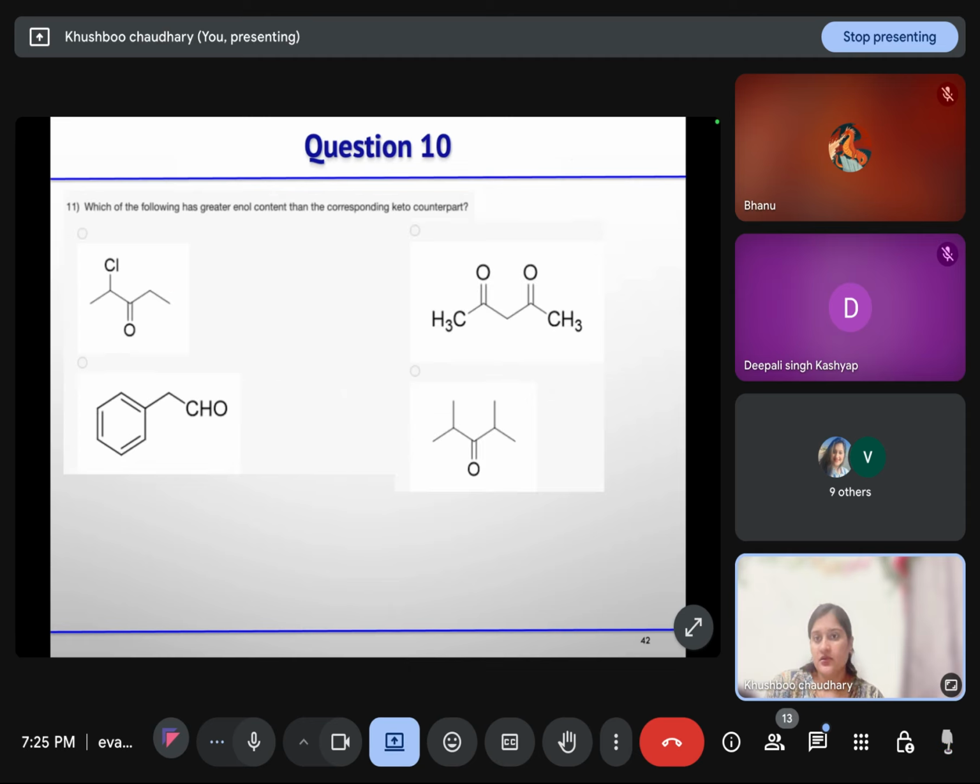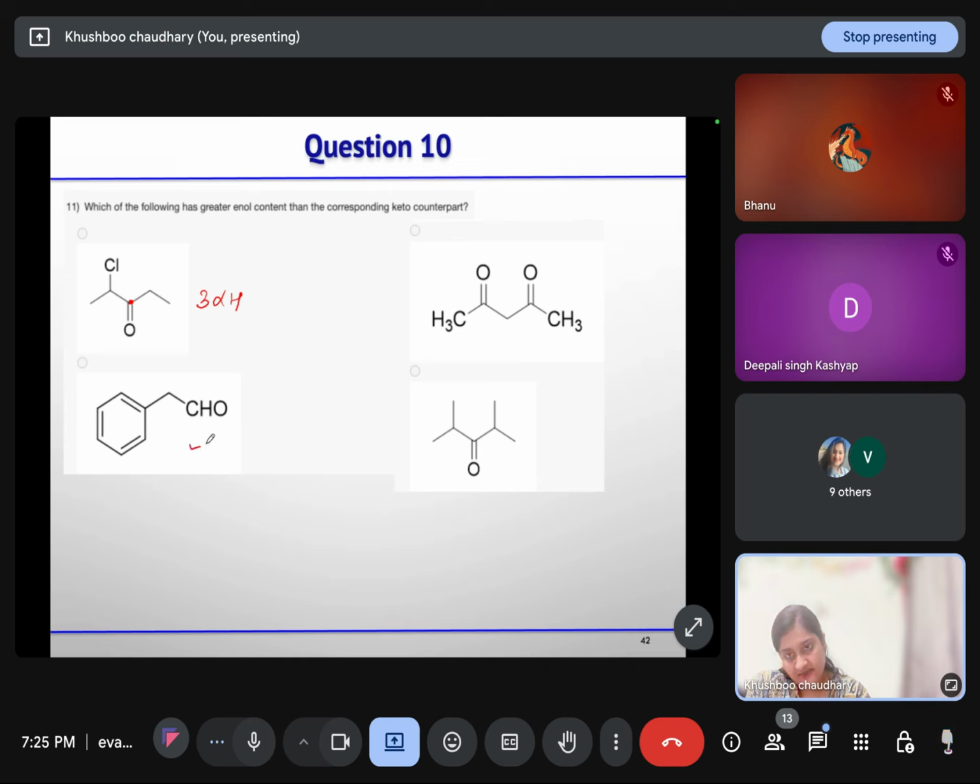Okay. Which of the following has greater enol content than the corresponding keto counterpart? Again, you have to see alpha protons. So here, how many are there? 3 alpha hydrogens.